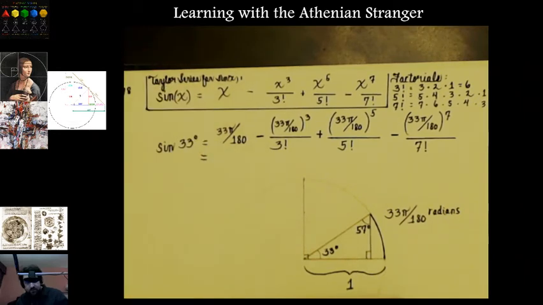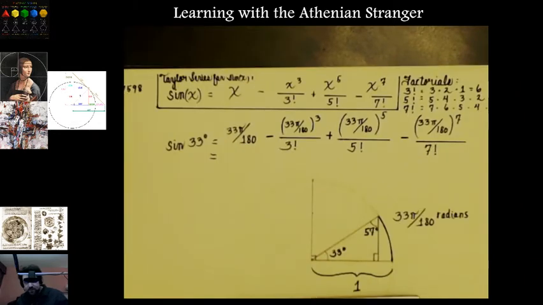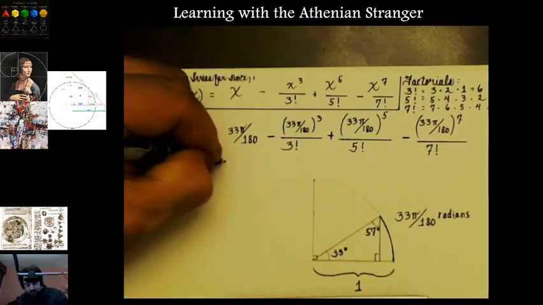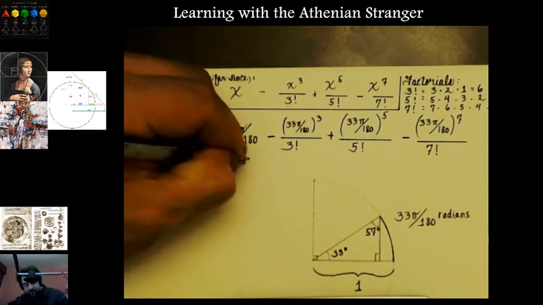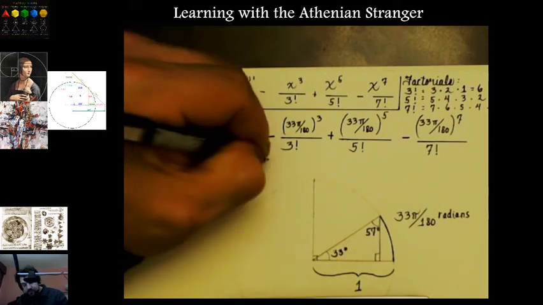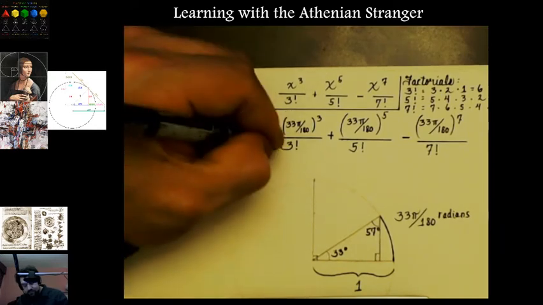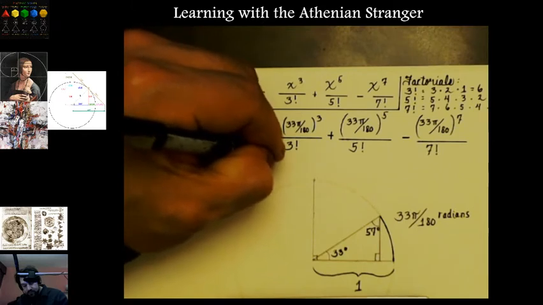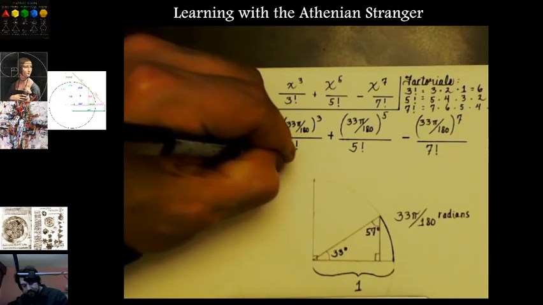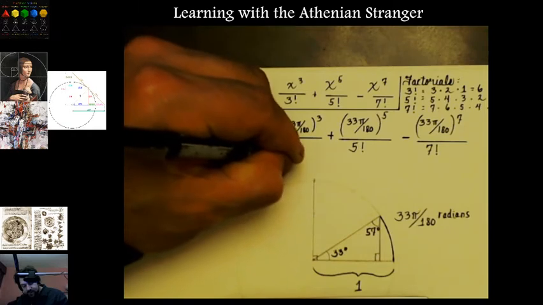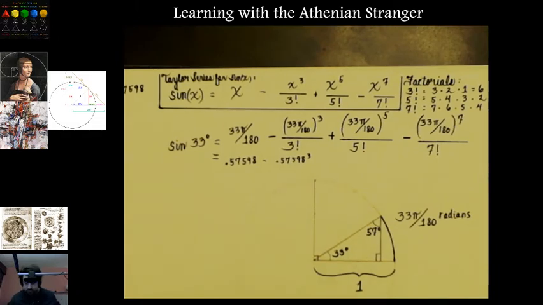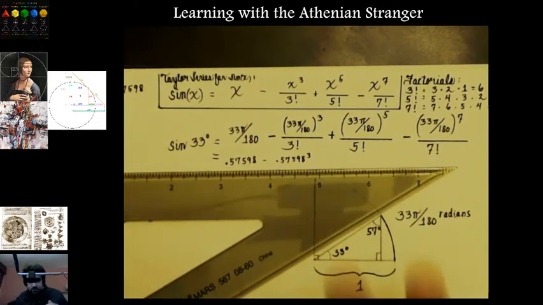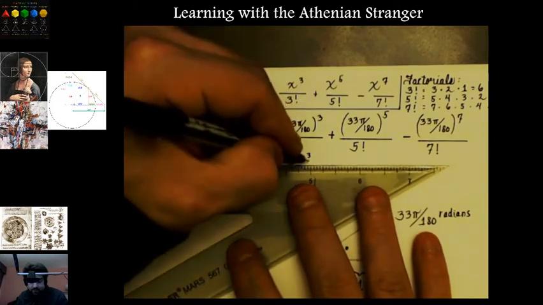This equals, referring back to our decimal approximation of the radian, 0.57598 minus 0.57598 cubed over 3 factorial, which we computed out to be 6.